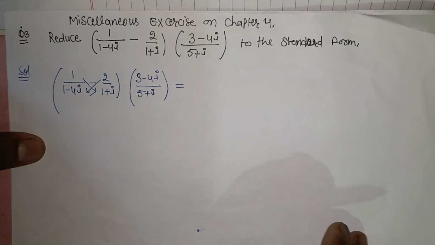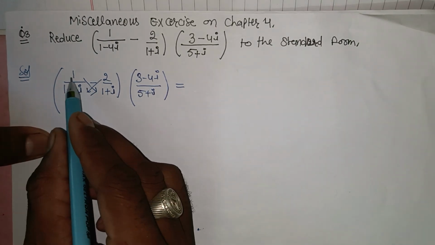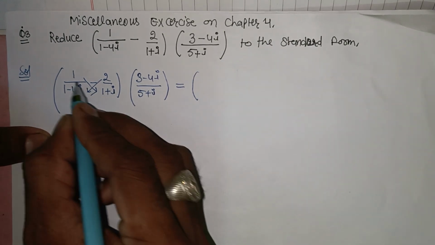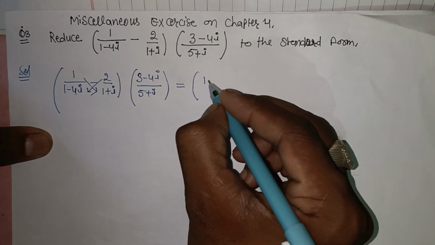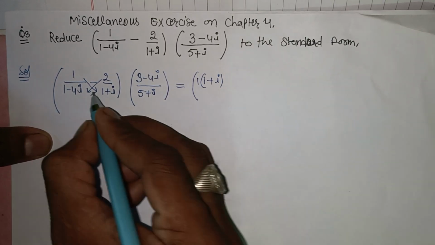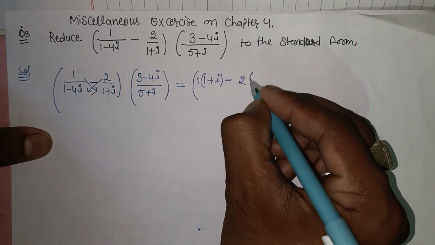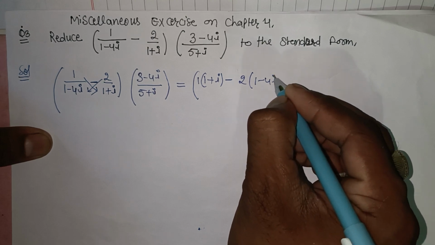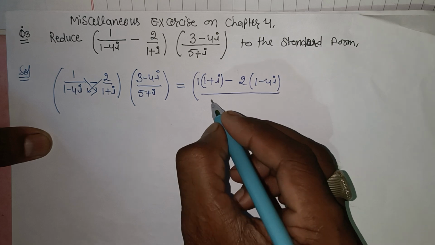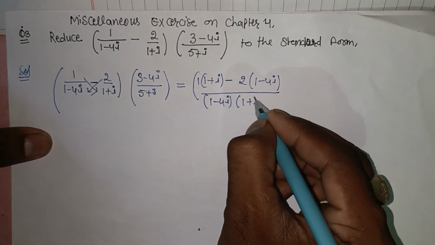I use the cross multiplication method here. When we cross multiply these terms, 1 plus iota into 1, then minus 2 into 1 minus 4 iota, upon 1 minus 4 iota into 1 plus iota.